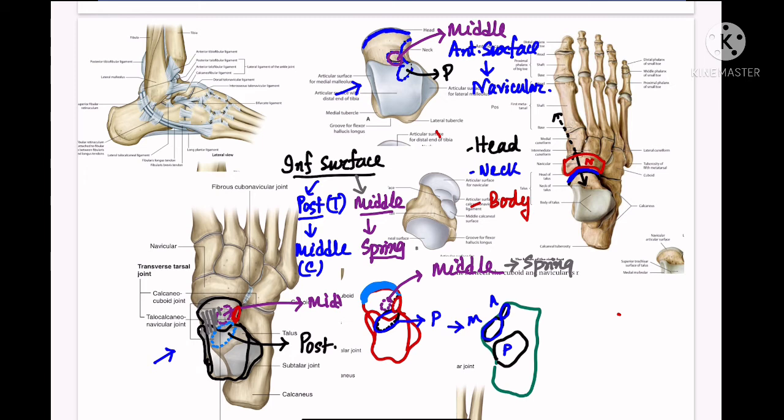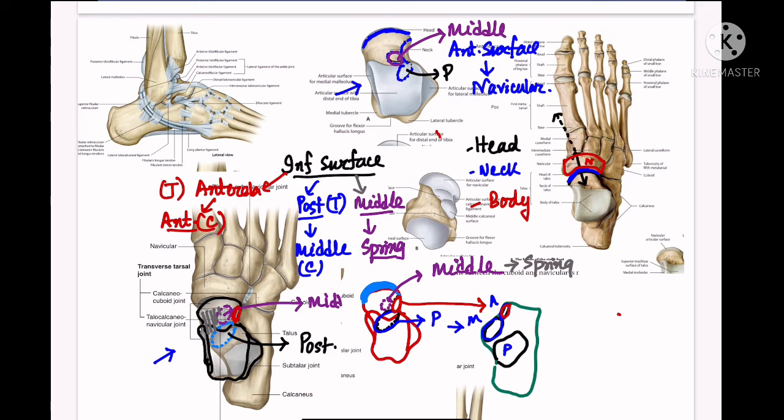The anterolateral facet on the undersurface of the head of the talus articulates with the anterior facet on the superior surface of the calcaneus.